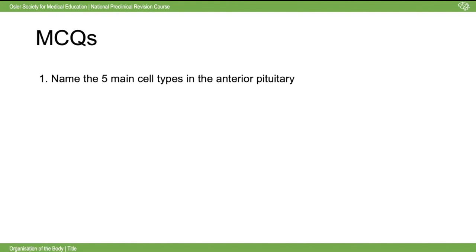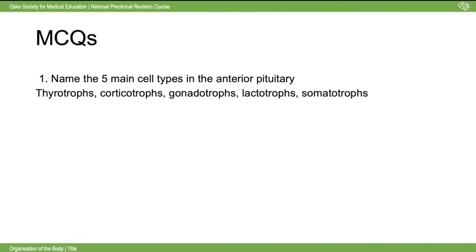Okay, so I hope you've had enough time to write down your answers, but the answer is thyrotrophs, corticotrophs, gonadotrophs, lactotrophs, and somatotrophs. And if you're struggling to remember their names, you can try and remember the hormones that they produce and then work backwards, because a lot of them have very similar names to the hormones that they produce.